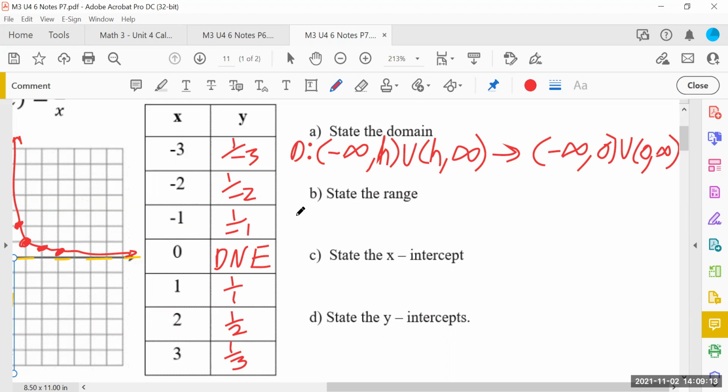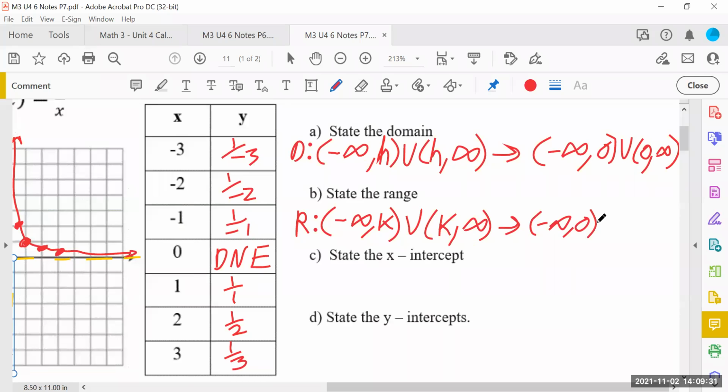My range is going to be everything except for the k value. -∞ to k, k to infinity. So in this case, again, k was also 0, so negative infinity to 0, 0 to infinity. Does that make sense?